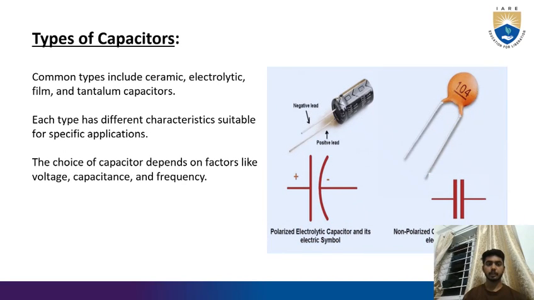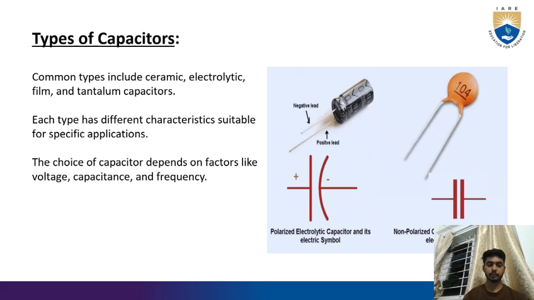Types of capacitors. The commonly used capacitors include ceramic, electrolytic, film, and tantalum capacitors. Ceramic capacitors are small, inexpensive, and used in high frequency circuits. Electrolytic capacitors have large capacitance values and are used for power supply filtering.